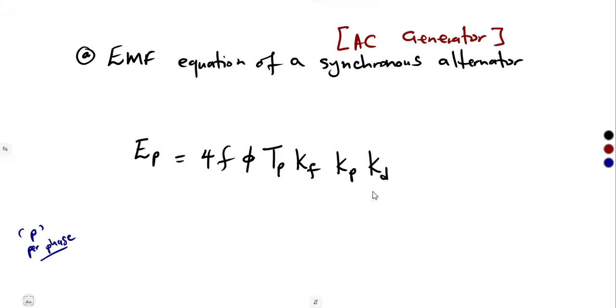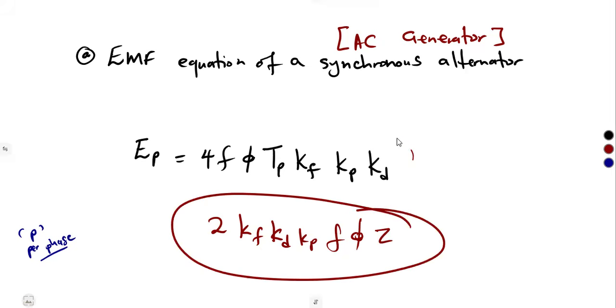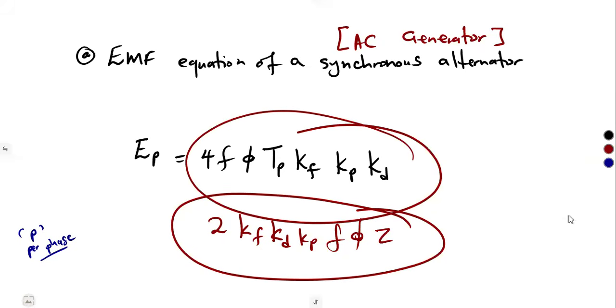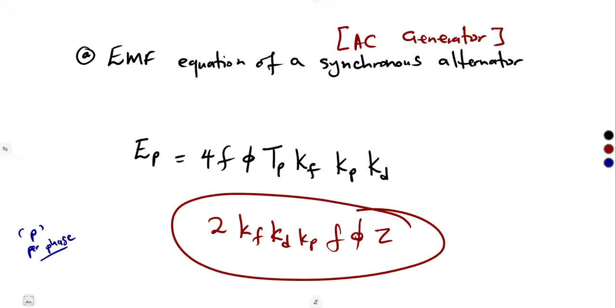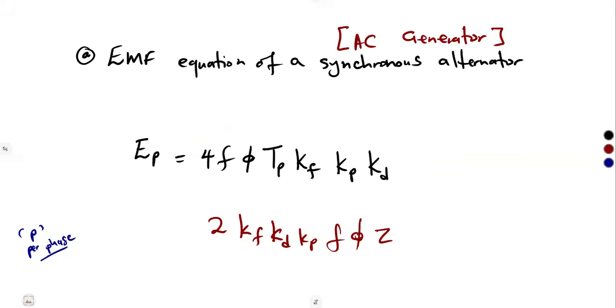If we check your formula sheet, you'll see the formula written as 2KF, KD, KP like this, frequency, useful flux, then we've got Z, which is the number of conductors. With this formula, guys, we're still talking about one and the same thing. So it will depend on what you're going to have.